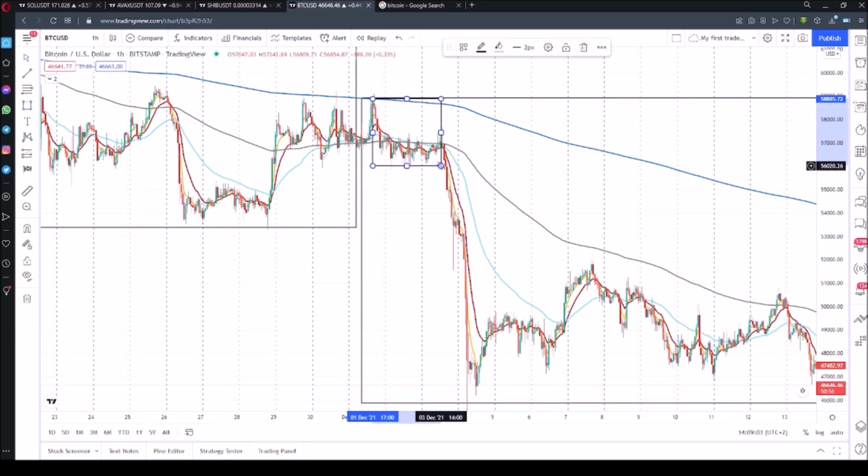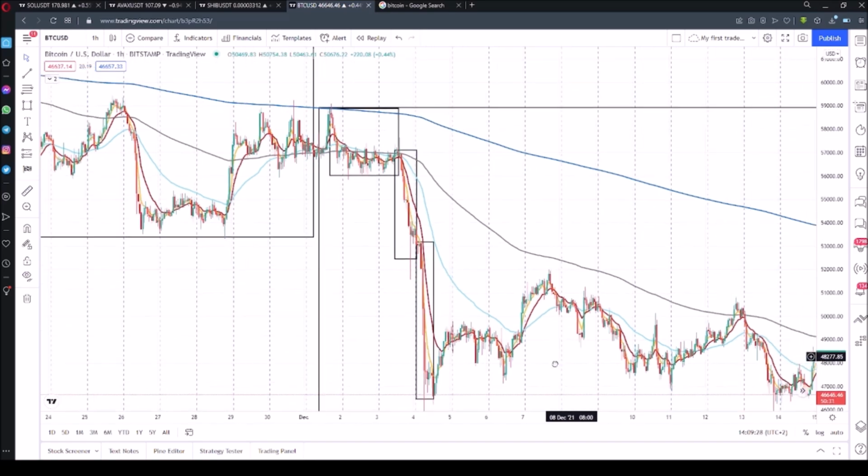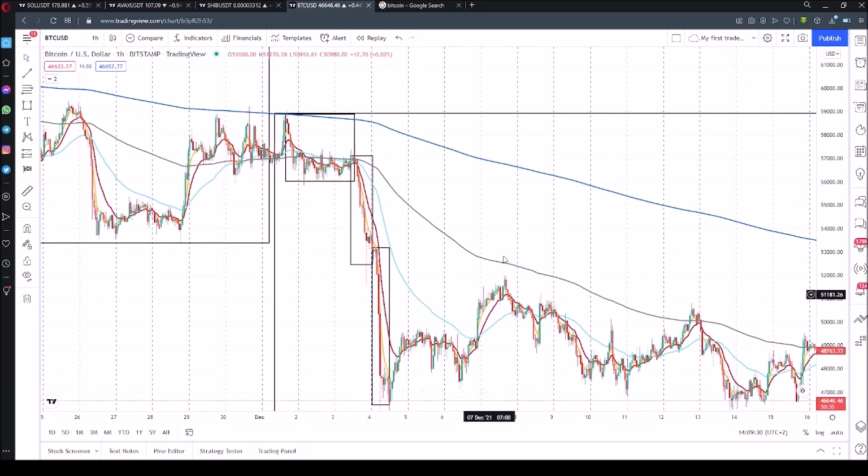So we had one, within the second one we had the second drop, which is the second day of drop. These blue traces are actually marking my days. Then we had the third drop. From there we had these two legs, which are basically a double bottom, and the market reversed.